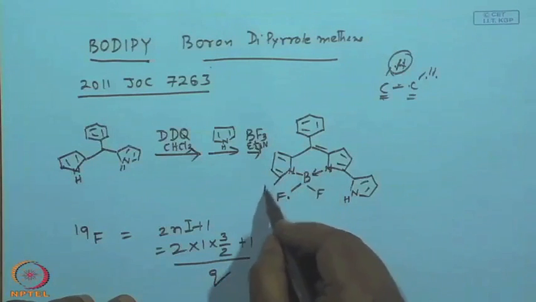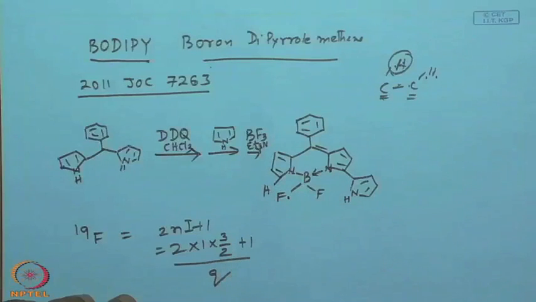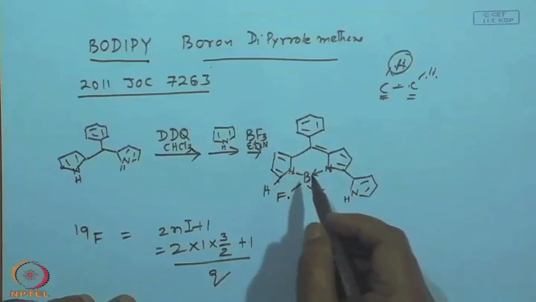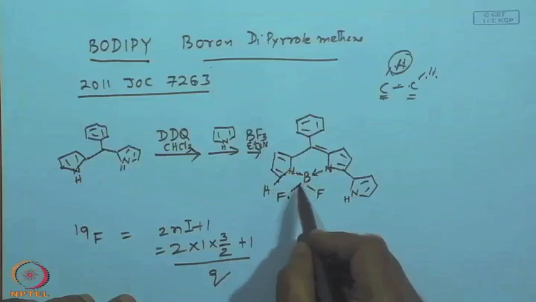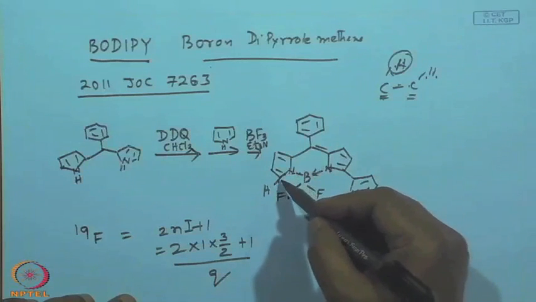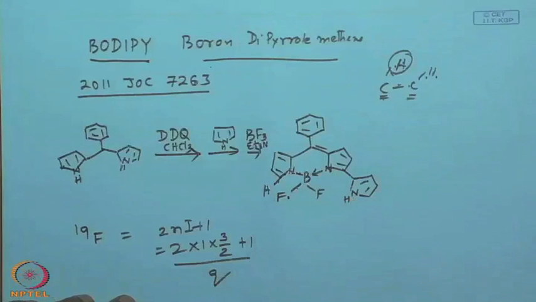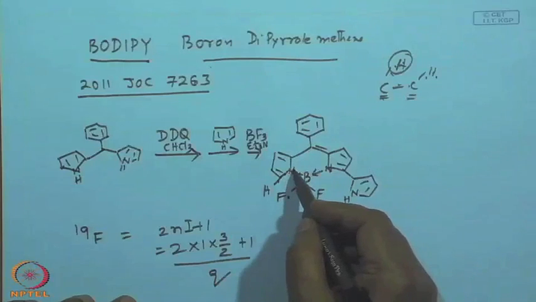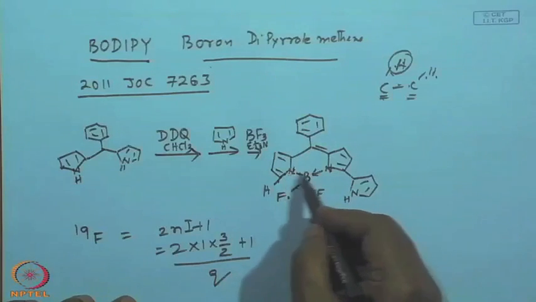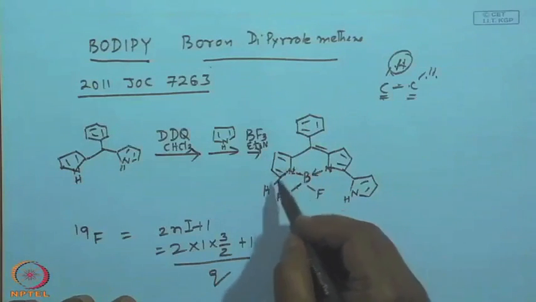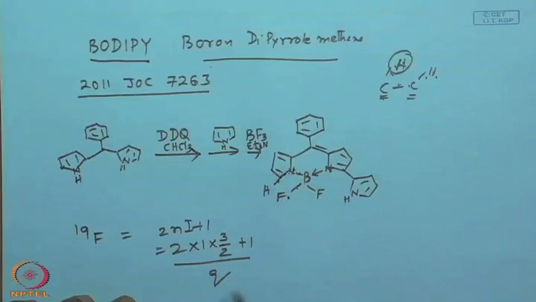But this hydrogen: 1, 2, 3, 4. So, 4 bond coupling. 4 bond coupling is possible, and because you have an sp2 atom here, boron is electron deficient. So, you have sp2 crowding. So, that means this fluorine would appear as a doublet of quartets.